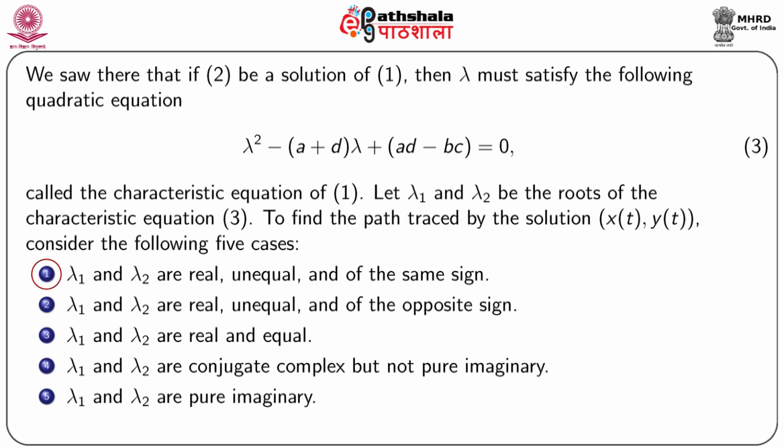It may happen that λ1 and λ2 are real, unequal and of the same sign, or real, unequal and of opposite sign, or real and equal, or there may not exist any real value, so λ1 and λ2 may be conjugate complex but not purely imaginary, and at the end λ1 and λ2 are purely imaginary.